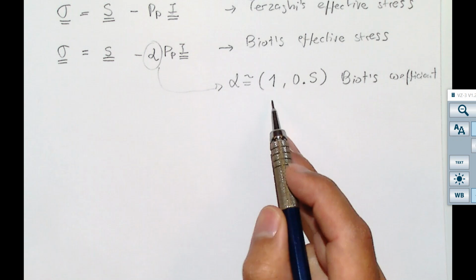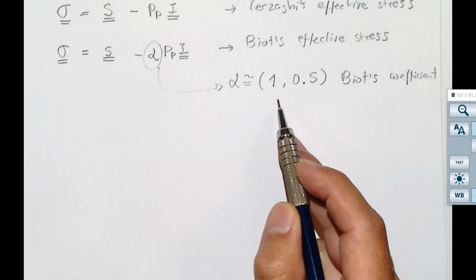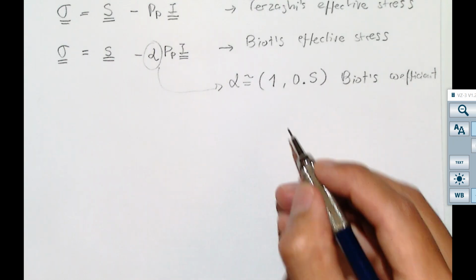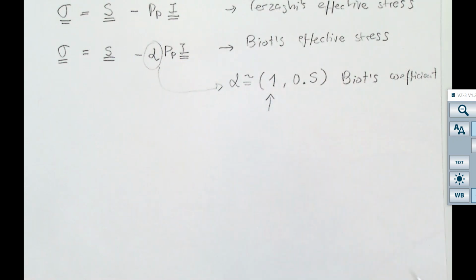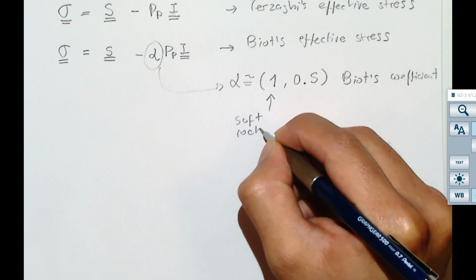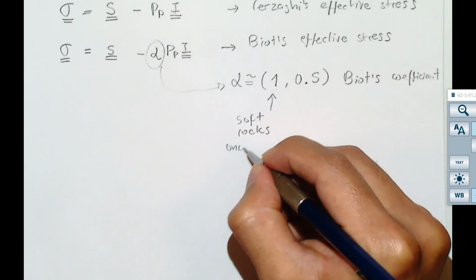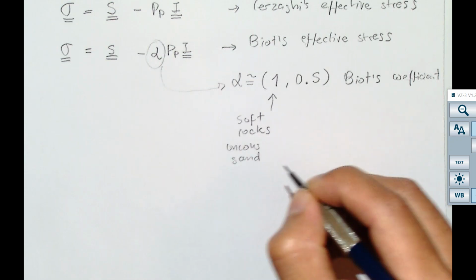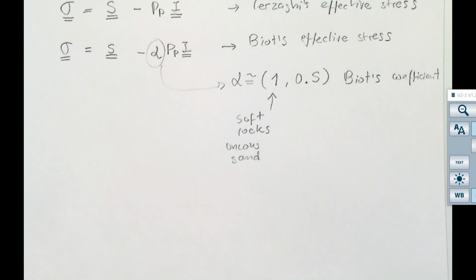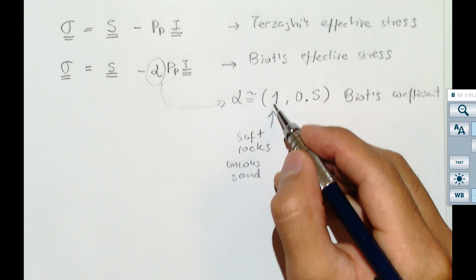The Biot coefficient tells you more or less how much of the strain goes into the pore and how much of the strain goes into the solid matrix. If most of the strain goes into the pore, that means that the solid is much stiffer than the pores. And that usually happens with soft rocks. So for example, in unconsolidated sand, quite before deforming the grains itself, you're going to deform the porosity. And in that case, the Biot coefficient tends to 1, and these two equations are more or less the same.